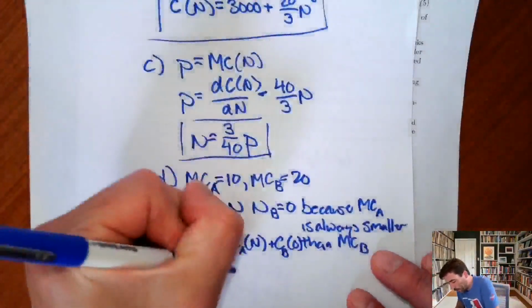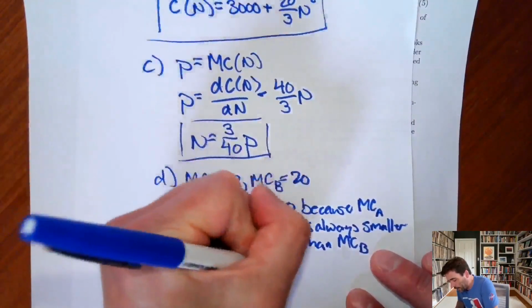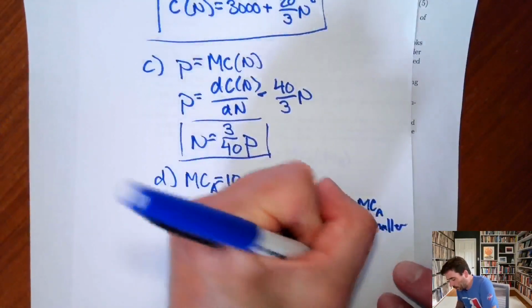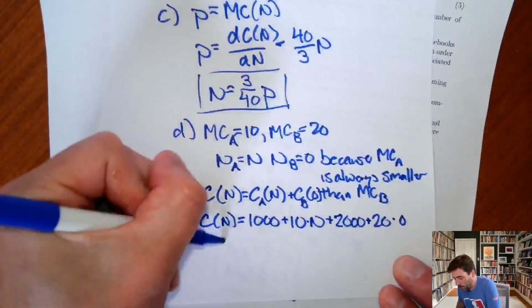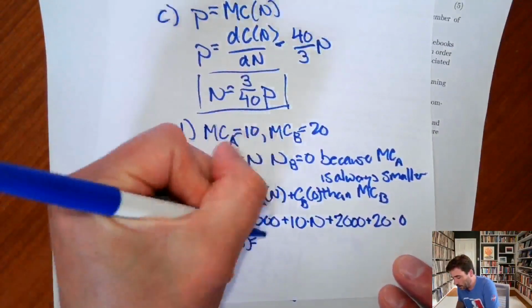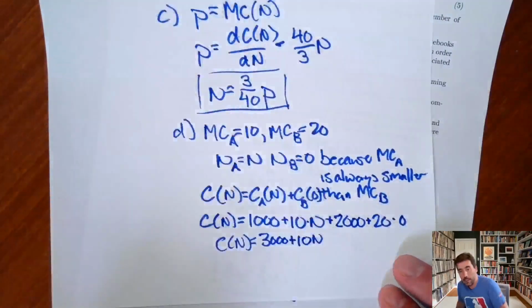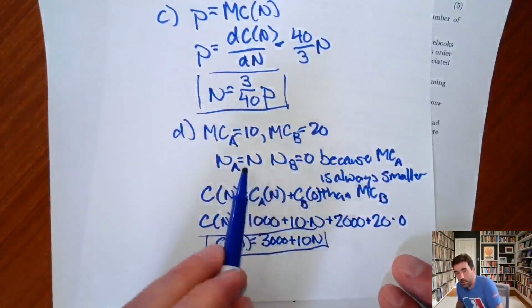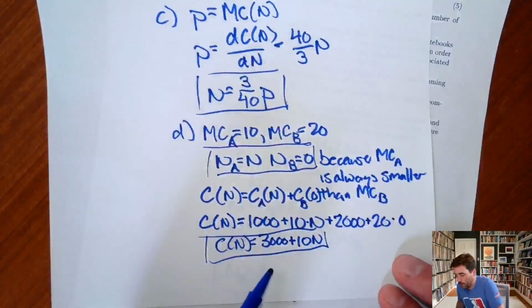So 1,000 plus 10 times N plus 2,000, right, plus 20 times 0. Right? And so our final cost function is just going to be 3,000 plus 10N. Right? And so that is how things are going to change in terms of both how we split up our output and what that means for our cost function. All right, so we're done.